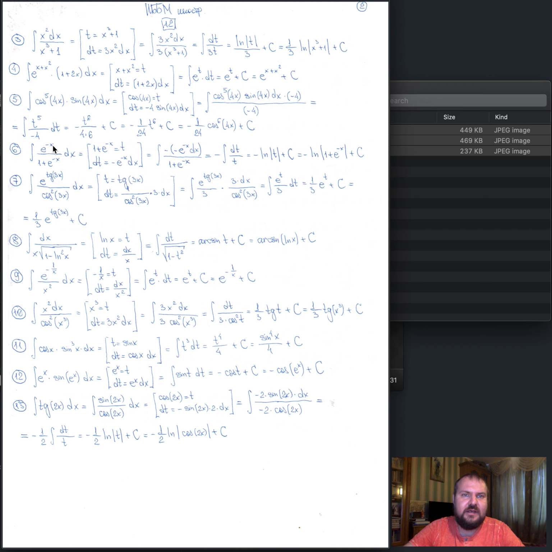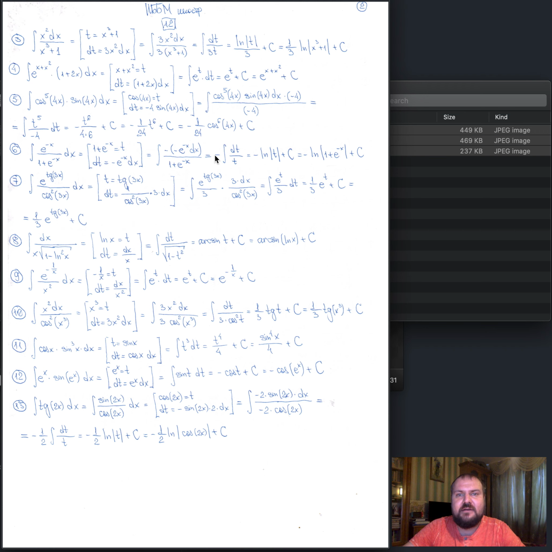Example number 6. Integral of e to the power minus x divided by 1 plus e to the power minus x dx. Here we need to take a new variable t that equals the denominator 1 plus e to the power minus x. We find dt. It would be minus e to the power minus x dx, and we rewrite it. We put a new minus to create that minus e to the power minus x dx equals dt.